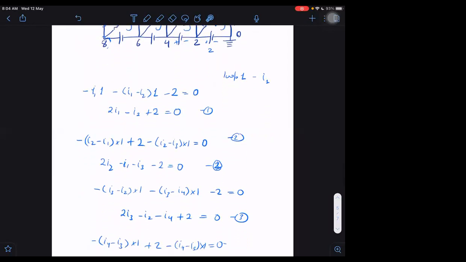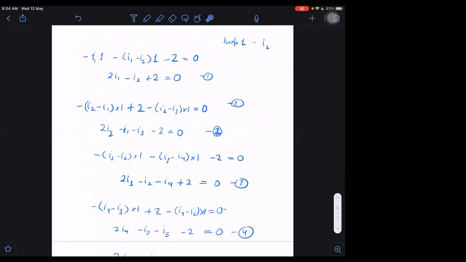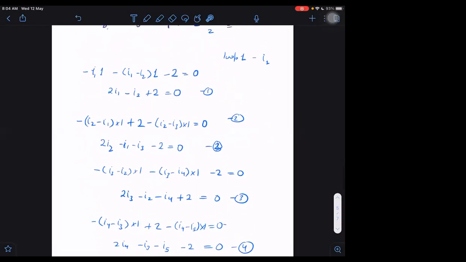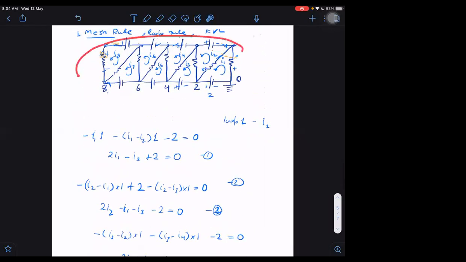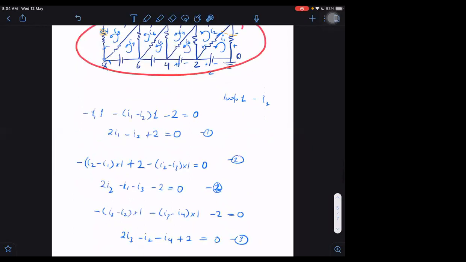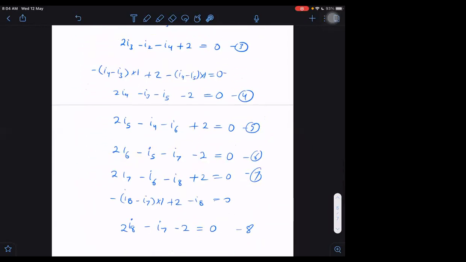Whatever information we have is definitely in these 8 equations. If somebody only gives you these 8 equations, then by solving them we will definitely get answers. Because in mathematics, they give the situation or they give just equations only, and those equations definitely have answers.